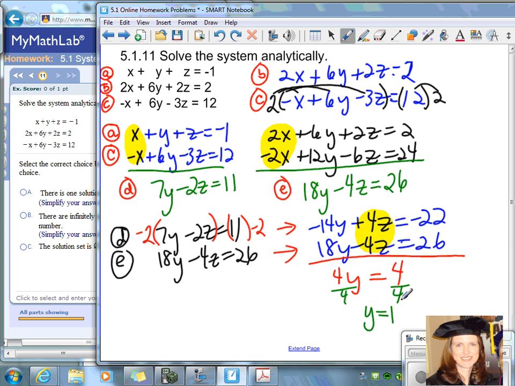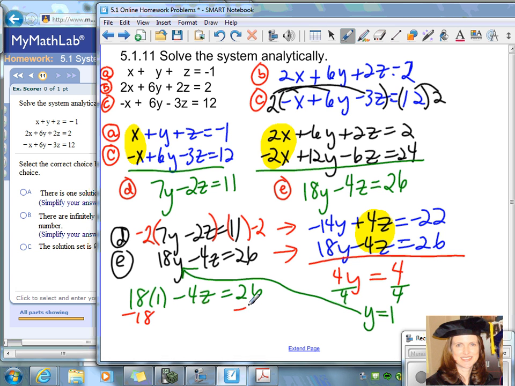Now we're going to take y equals 1 and plug it into either equation D or E. I'm going to plug it into equation E. 18 times y, where y is 1, 18 times 1 minus 4z equals 26. 18 times 1 is 18.